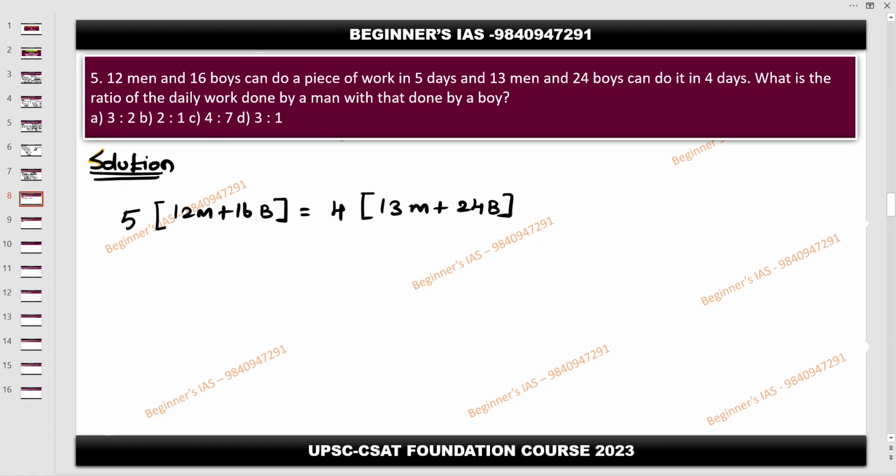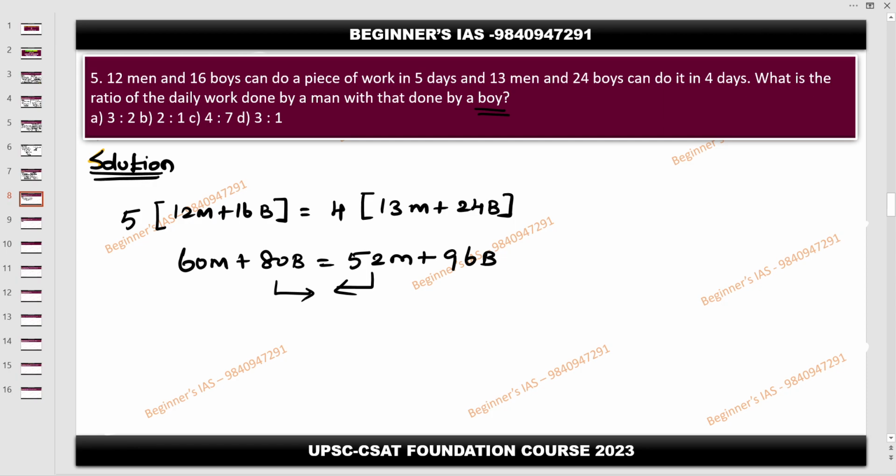Now equate, since the question asks for the ratio of the daily work done by a man to that of a boy. Whatever the conversion, we just need to find the ratio here. Just multiply: 60m plus 80b is equal to 52m plus 96b. Then rearrange: bring this to the LHS, bring this to the RHS.